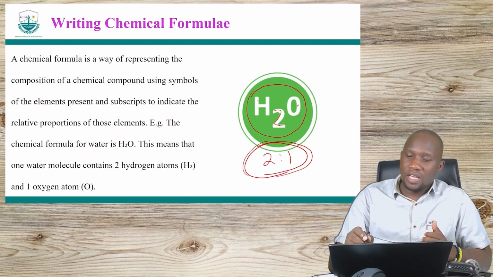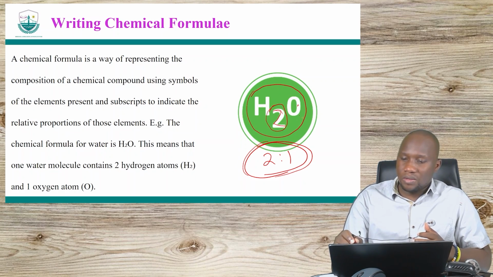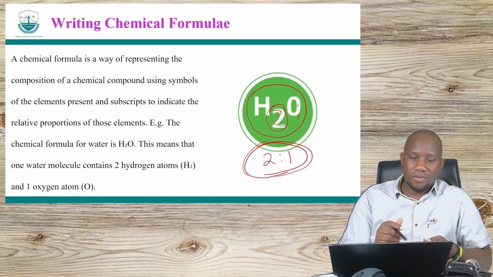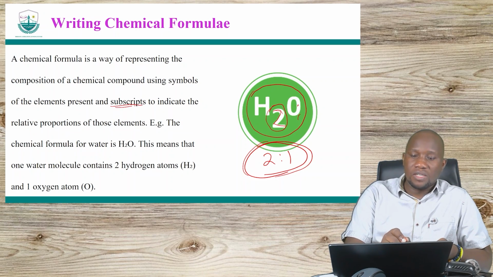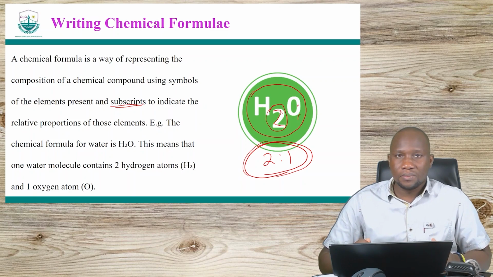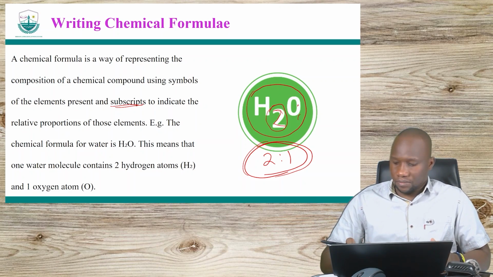And when you use a chemical symbol and the subscripts, these figures that we put down, these are the ones we call the subscripts. The subscripts indicate the proportion of each element within that compound.